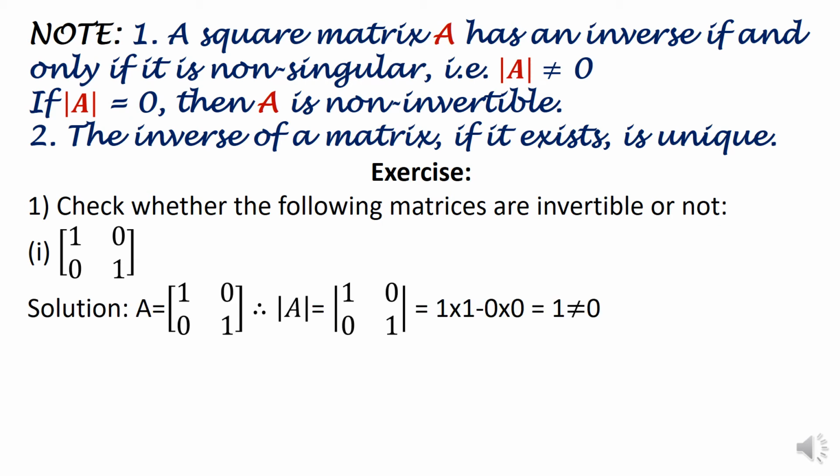If A is the matrix, mod A is the determinant. Solve the determinant and see. If the answer comes as 0, then the matrix is singular and non-invertible. But here the answer is coming as 1. So our conclusion is that the matrix A is invertible. That means if a matrix turns out to be non-singular, it is invertible.